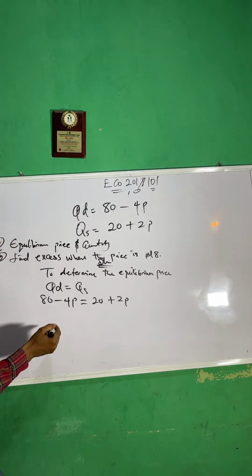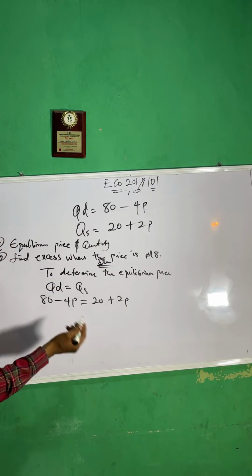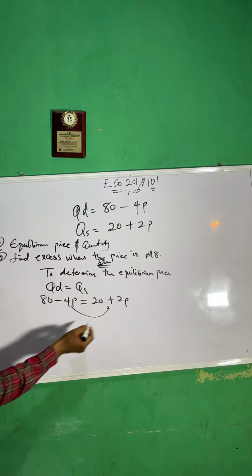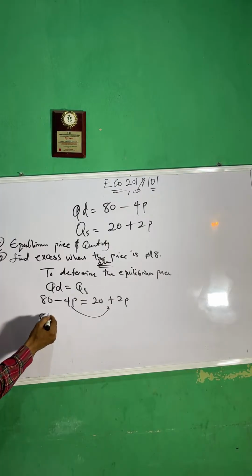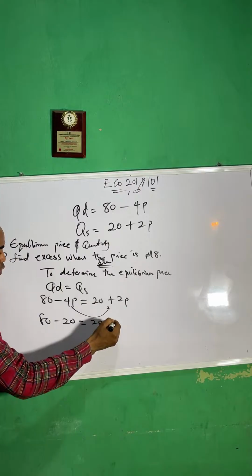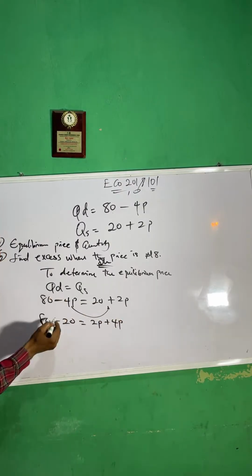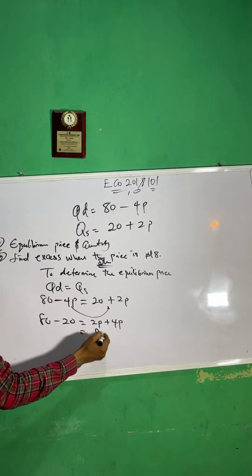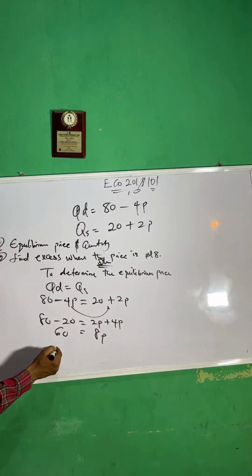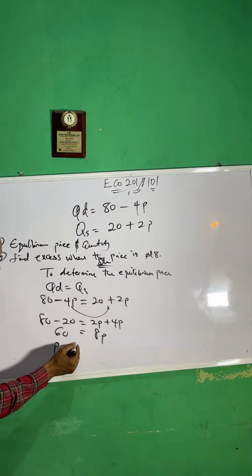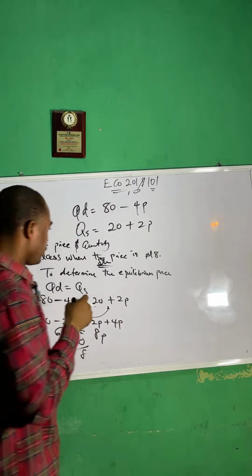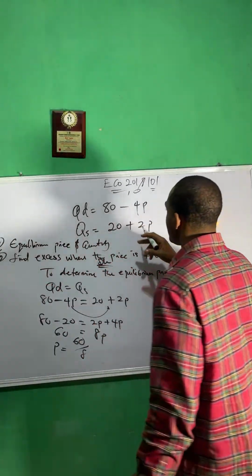Then what you need to apply here is your normal collection like in primary school work. Carry this one to the other side. Then we have 80 minus 20 equals 2p plus 4p. Don't forget that this negative sign will change to plus. So 80 minus 20 is 60.